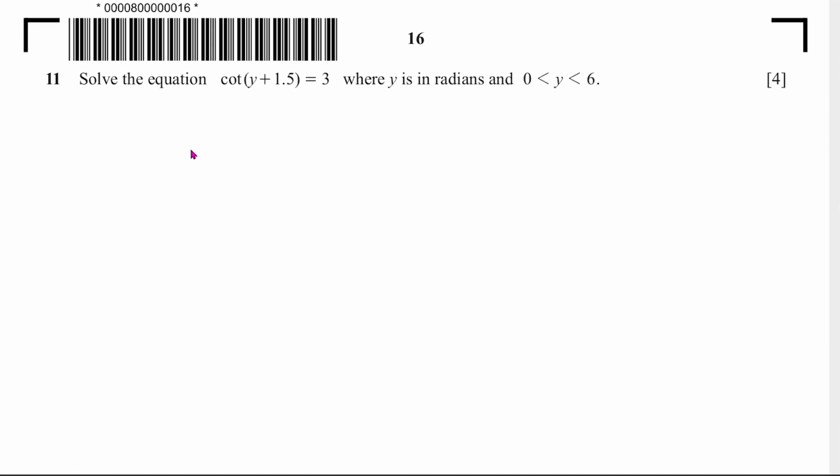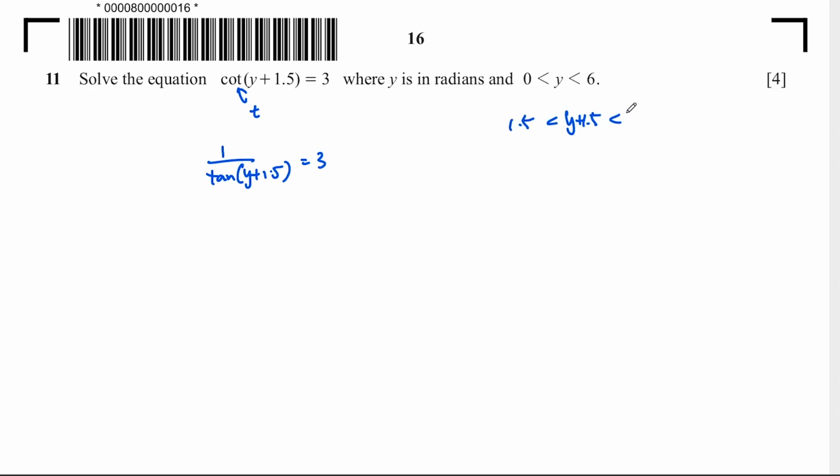Okay, last question, question 11. Solve a trigonometric equation for a given range of y, where y is in radians. First thing I'm going to do is switch my calculator into radian mode. Cotangent, the third letter is t, so it will be 1 over tangent. Cot of (y plus 1.5) is 3. Maybe I'll also change this range so that it's easier.